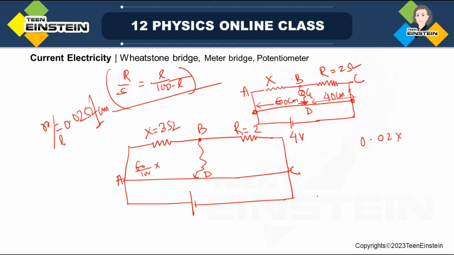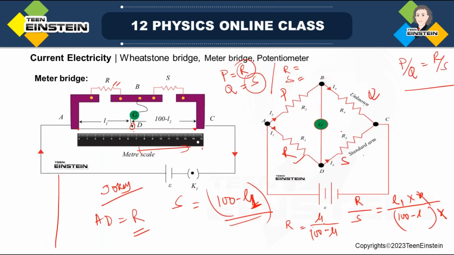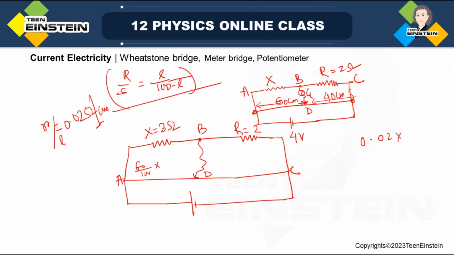Now I have to find out the equivalent resistance for this. So how do we find this? If you look at this meter bridge, the branch P and Q will be parallel to R and S. P and Q will be additive, and this will again be in series.